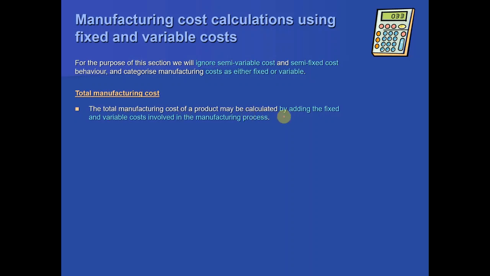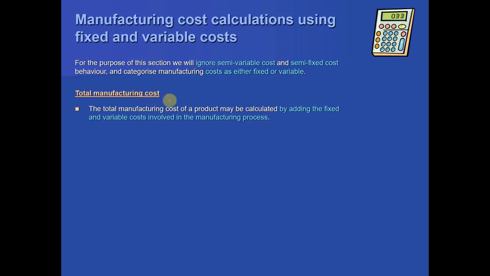The total manufacturing cost of a product may be calculated by adding the fixed and the variable costs involved in the manufacturing process. Remember, when it comes to the general classification, we said that direct material costs plus direct labor plus manufacturing overheads will result in our total manufacturing cost.